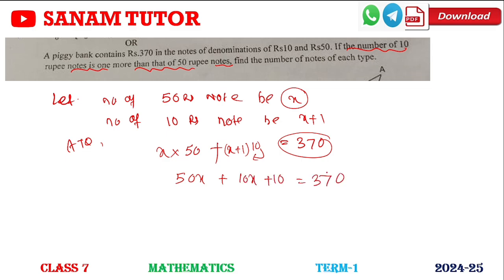So 60x equals 370 minus 10, that is 360. So x equals 360 by 60, that is 6.